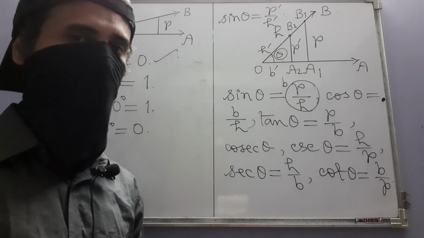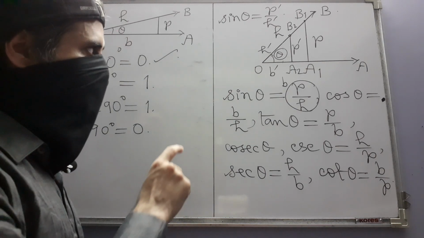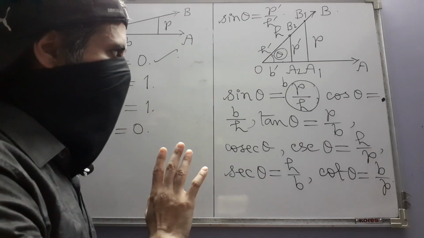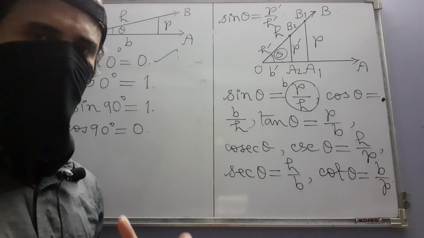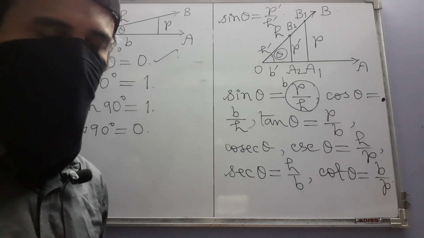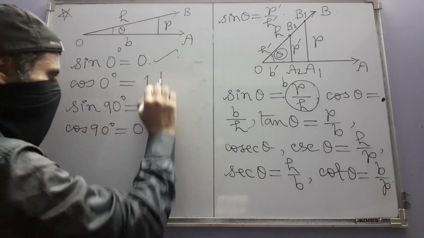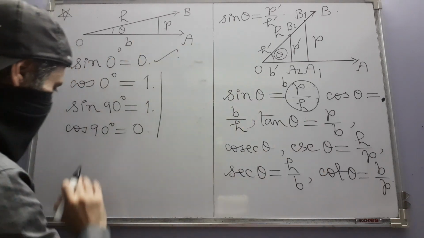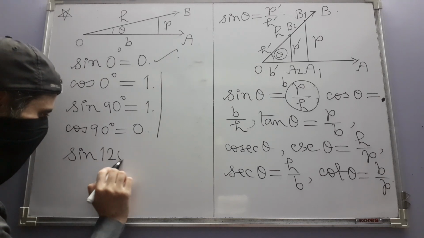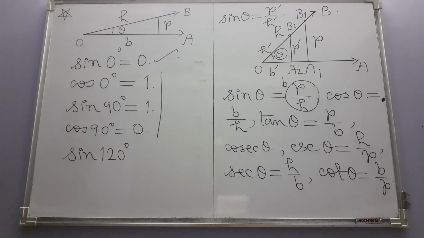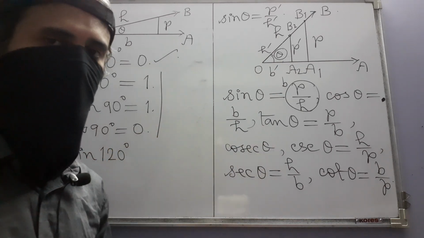Now let's think of other values of angles. In our definition of a geometric angle, we already have angular measures greater than 90 degree, of course, for example 120 degree. Now the problem is that these definitions do not say anything about this. For example, this value is not covered by this definition.